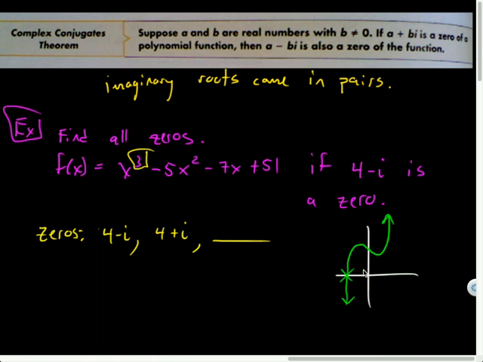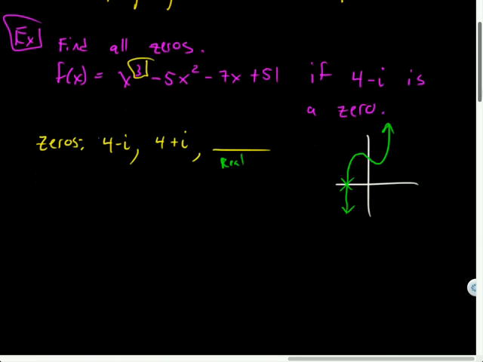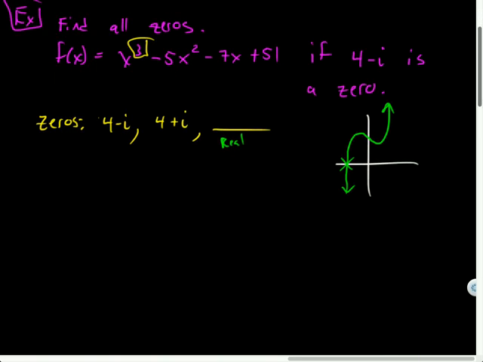There's no way to teleport or jump to the other side. So I do know that this one's going to be real, for both of those reasons that we just stated.